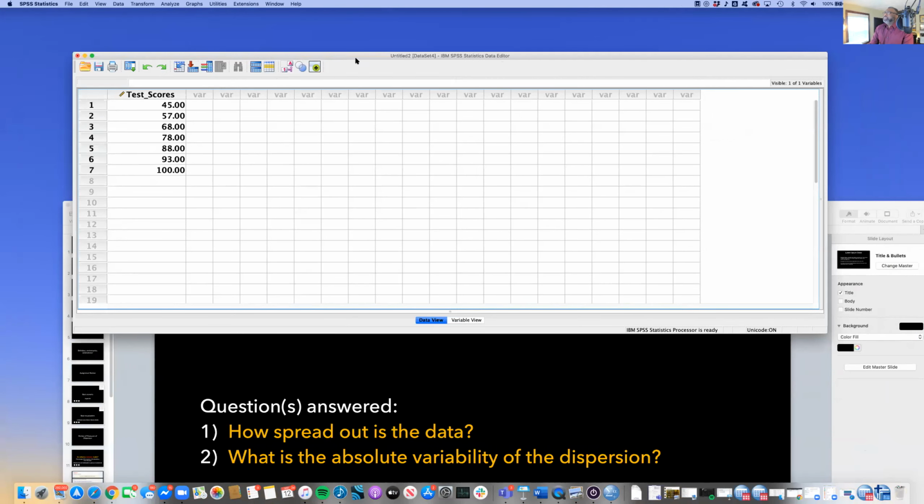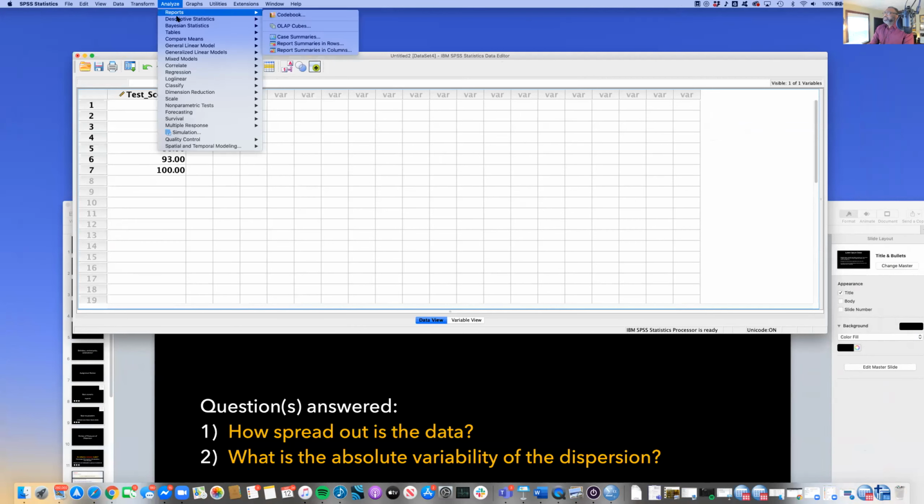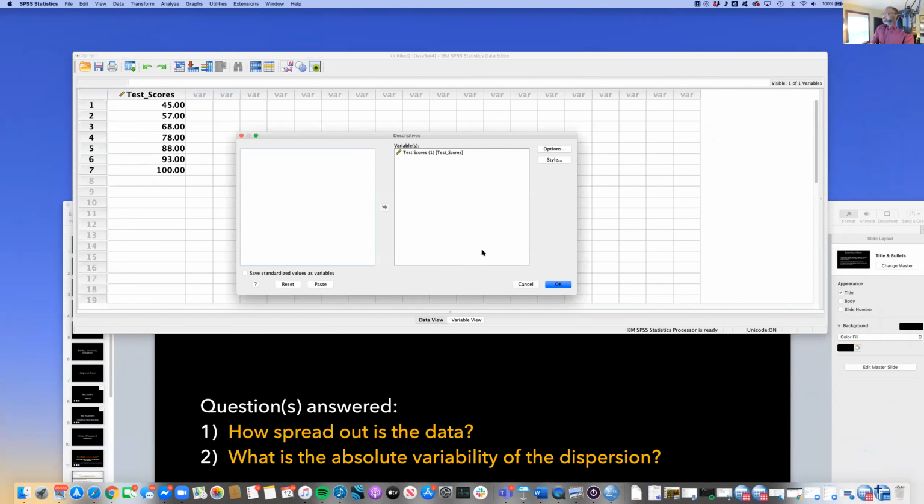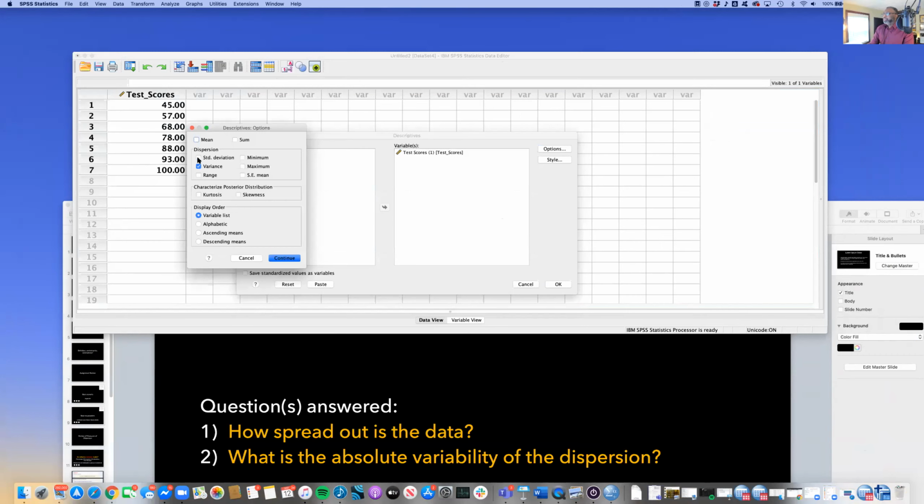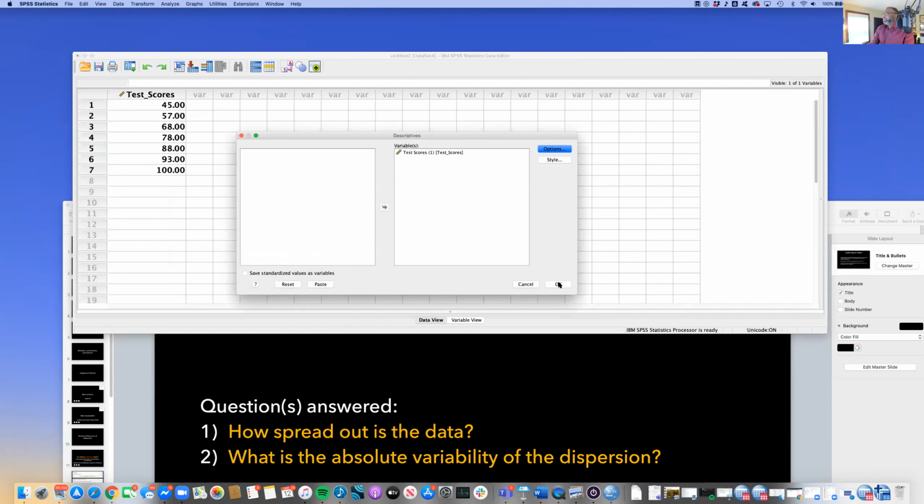If you go back to the same data set and you go to Analyze and you go to Descriptive Statistics and you go to Descriptives, basically going to the same thing, and you go to Options, keep your variance checked and just check standard deviation. Let's go ahead and click mean as well. And then we're going to click continue. And then we're going to click OK.